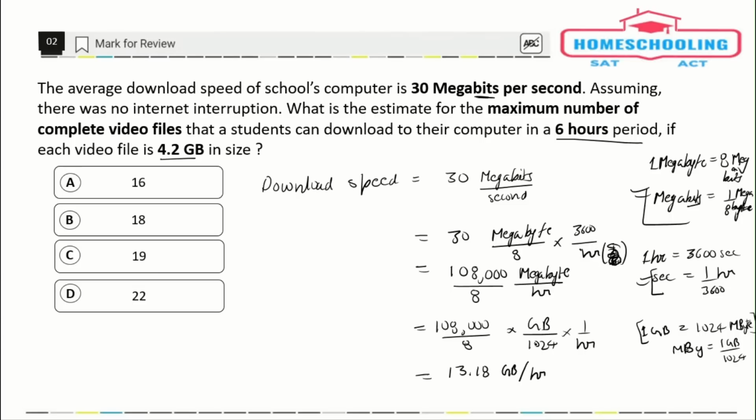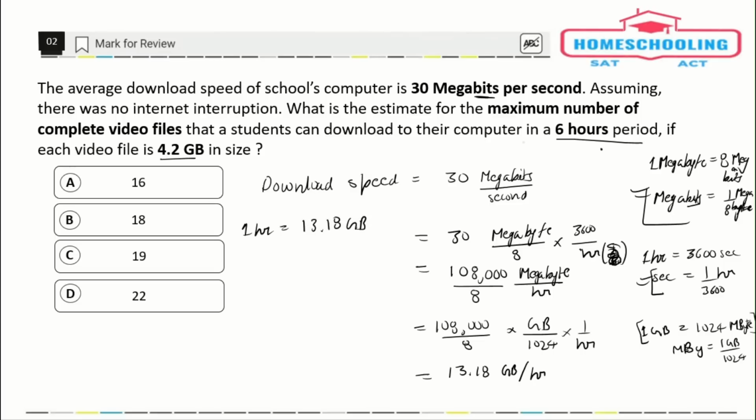So this is the total. The average download speed is 13.18 GB in 1 hour. In 1 hour, the school computers can download 13.18 GB.